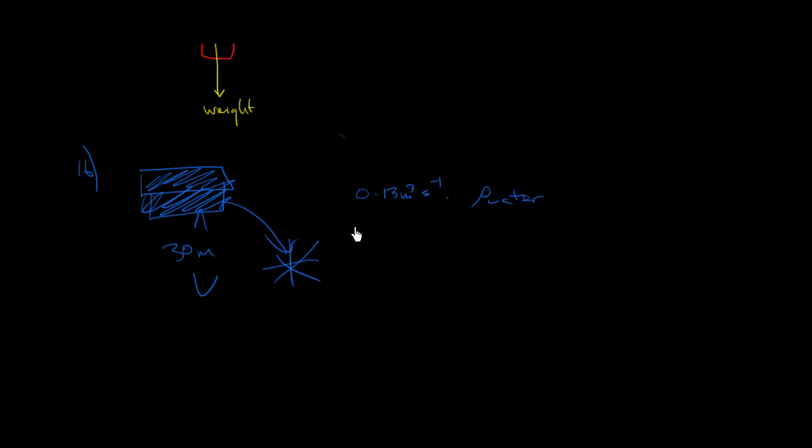So the maximum power, we need to realize that the energy is being transferred by the potential energy. This guy over there has a certain amount of mgh, and the rate, the change in mgh is going to be equal to the change in energy supplied to the turbine, right?